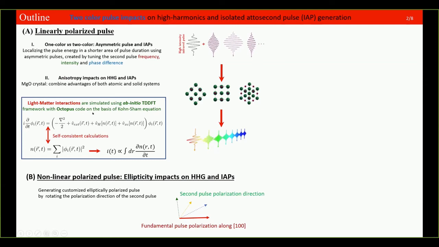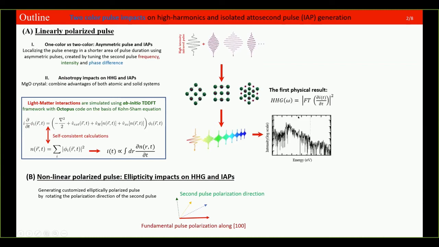The self-consistent solution of the Kohn-Sham equation gives us the time-dependent density, whose time derivative gives us the electron current, and the electron current gives us the high harmonics spectra.